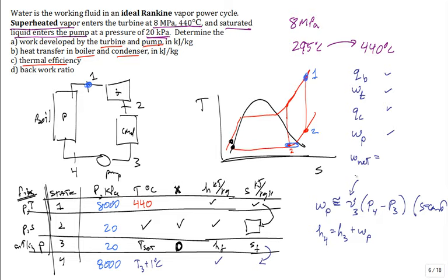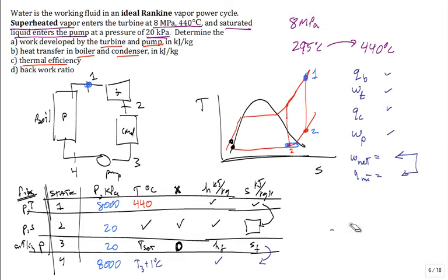I usually calculate Q net of the cycle too. And I compare. If they're different, I have an error. I look for my error. If my Q net doesn't equal work net, I messed up somewhere. And then I compute the thermal efficiency and the back work ratio. And so you've seen that, kind of looking backwards, that's what we've done. We've calculated everything.